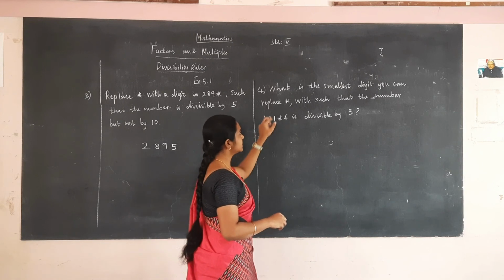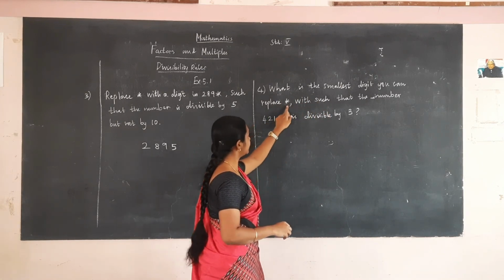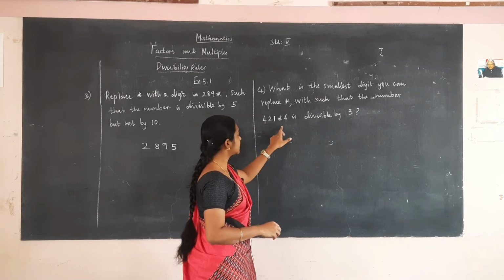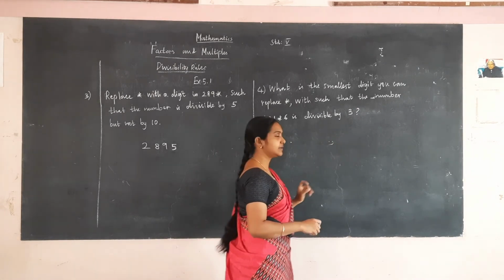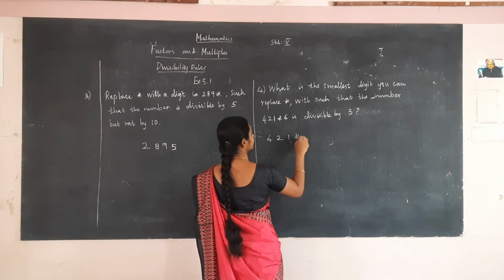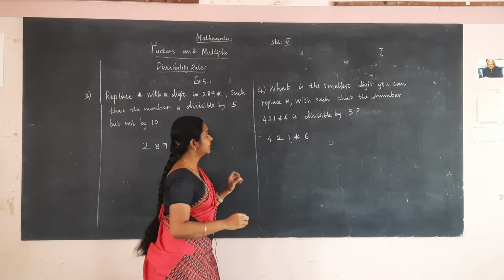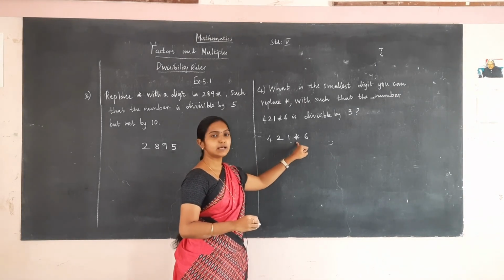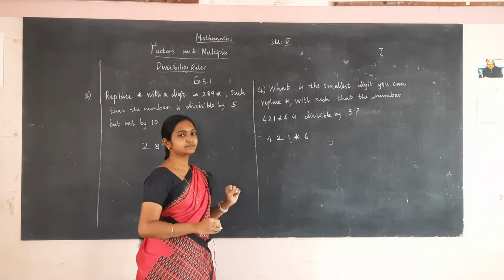Next, what is the smallest digit you can replace star with such that the number 421 star 6 is divisible by 3? We have to replace a number in the place of star so that the number is divisible by 3.